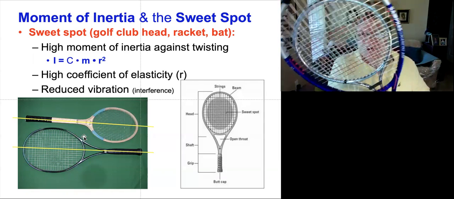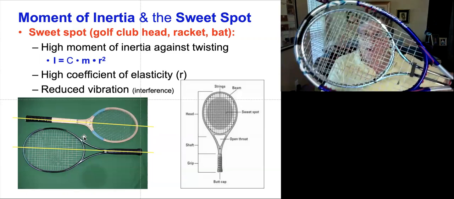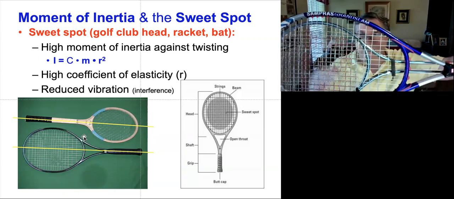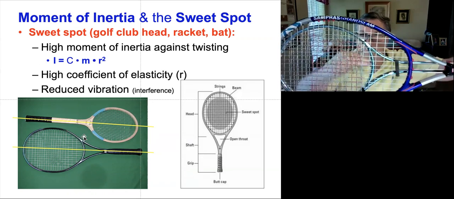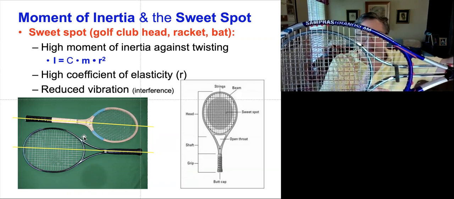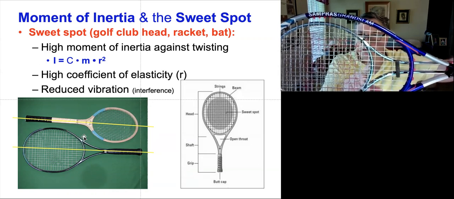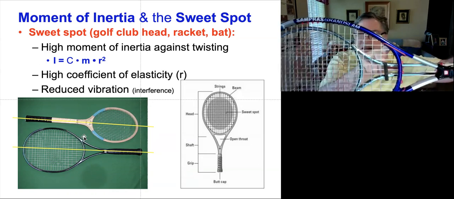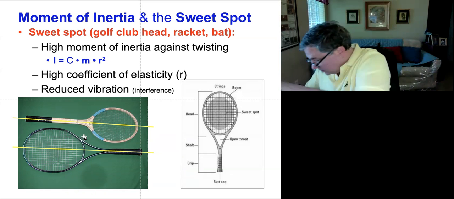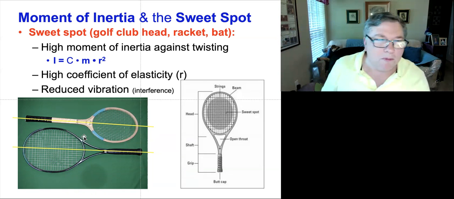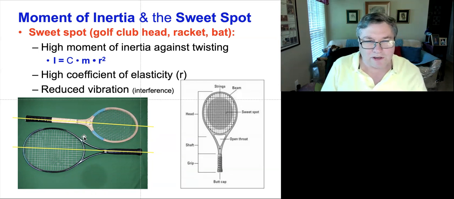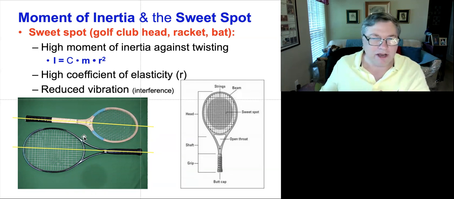Also, if you look at where the center of mass of the racket is, in this direction, it's actually going to be a little farther from the handle in the steel racket than in today's racket. So that's another interesting thing, and we'll get to that in a moment, because that moment of inertia is going to be specific to the axis of rotation.